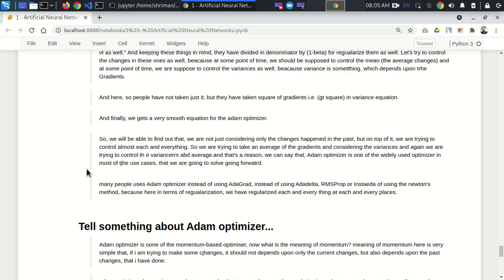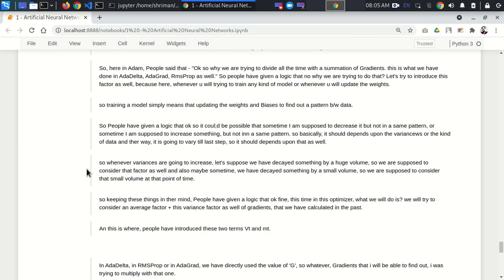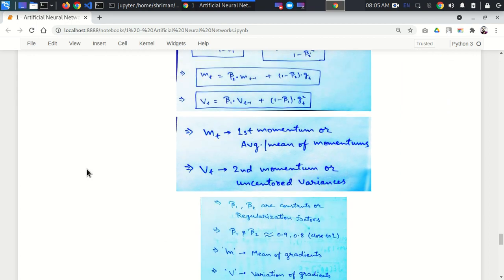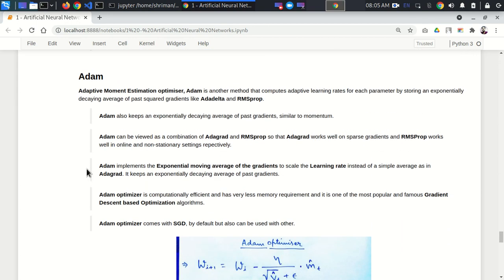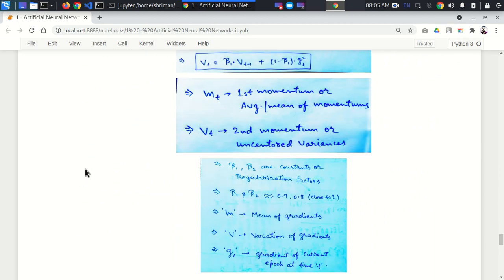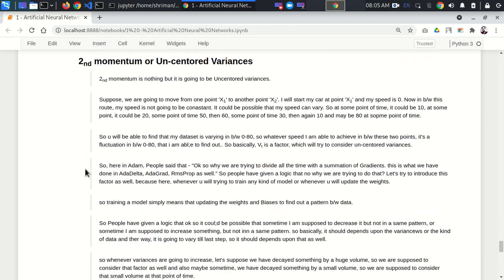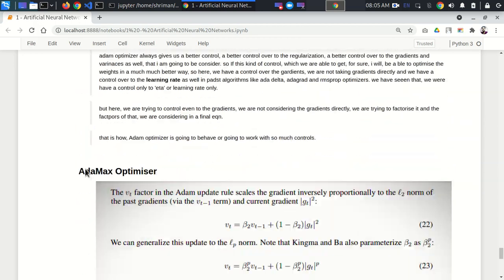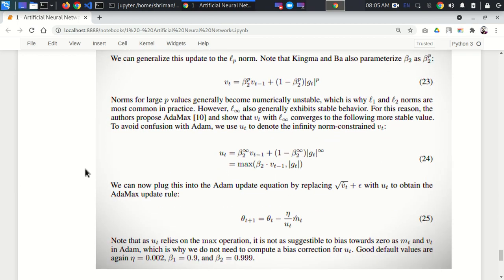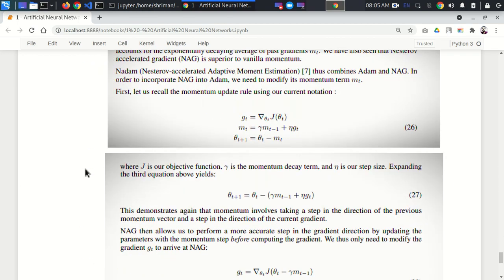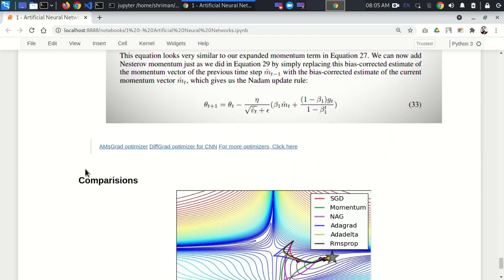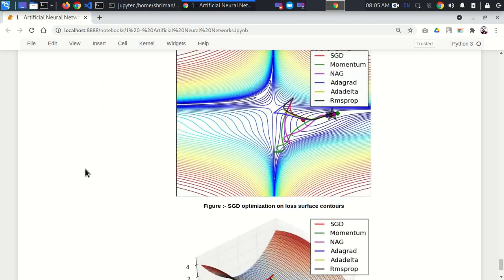In tomorrow's session I'm going to start with the AdaDelta optimizer, then I will come to RMSprop, then after RMSprop I will move towards the Adam optimizer, which is a very good one, and then there will be 2 more optimizers, maybe AdaMax. I will explain how AdaMax works, and after AdaMax there will be NAdam also.